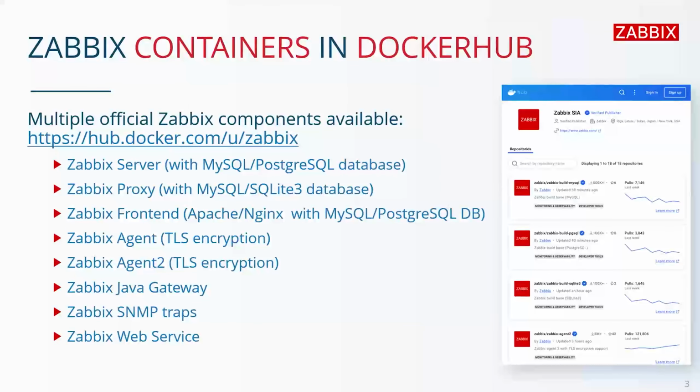We have a lot of images available in Docker of different Zabbix components. We have Zabbix server, Zabbix proxy, our front ends, both agents, Java gateway, SNMP traps, and Zabbix web service. So everything which is required for you to have a Zabbix instance.